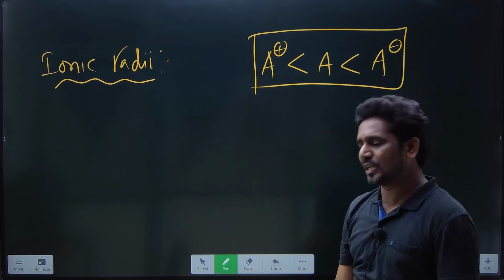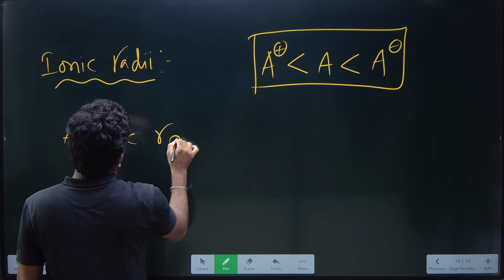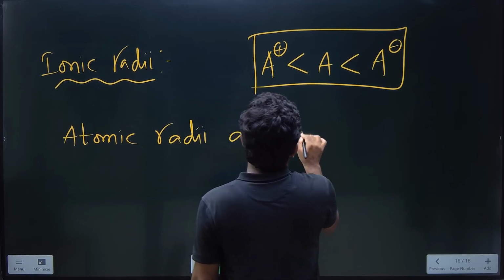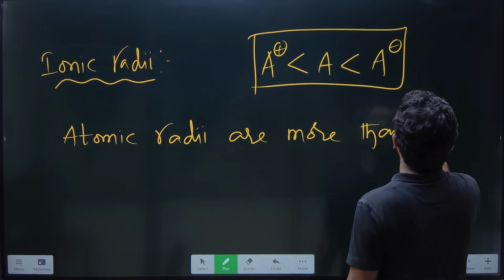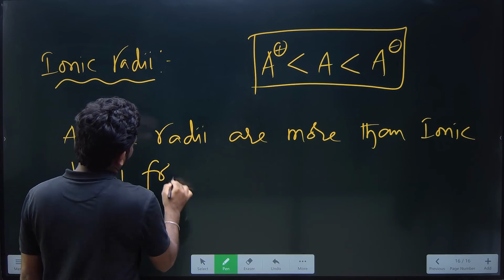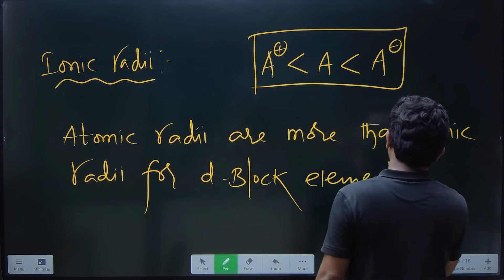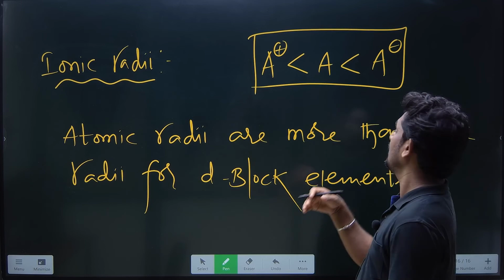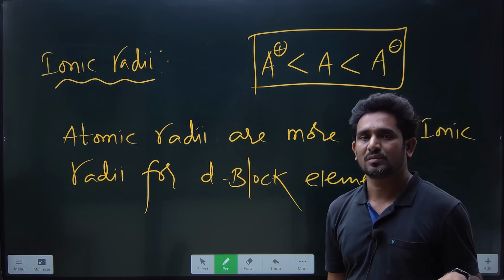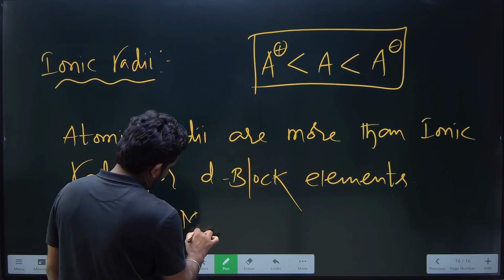So in d block elements, atomic radii are more than ionic radii, because d block metals will form cations. ठीक है, for example, एक example discuss करेंगे, take any one metal, manganese.